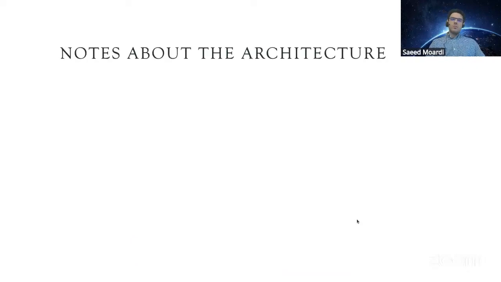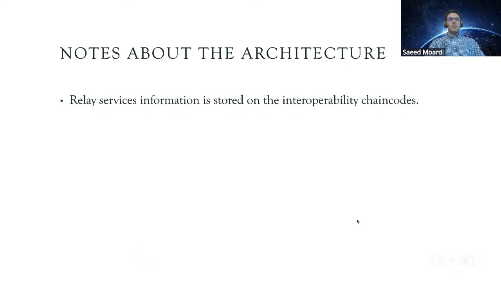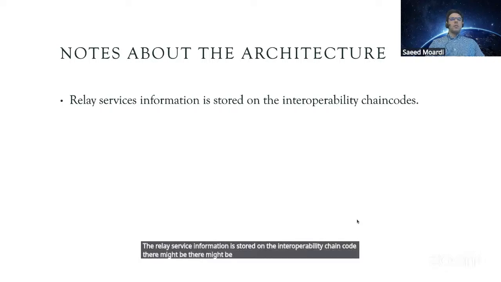There are some things that I have to talk about related to my architecture. The relay service information is stored on the interoperability chain code. There might be questions about how the smart contracts on Hyperledger Fabric or Substrate know about the relay service.